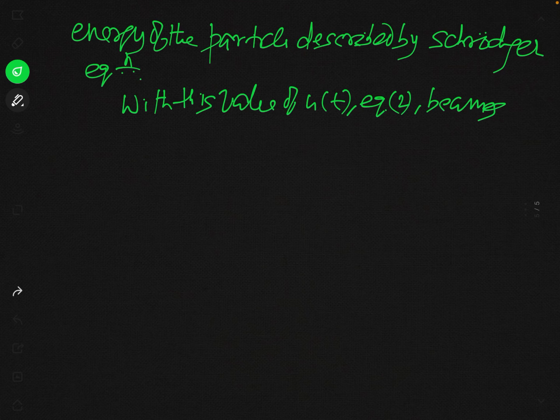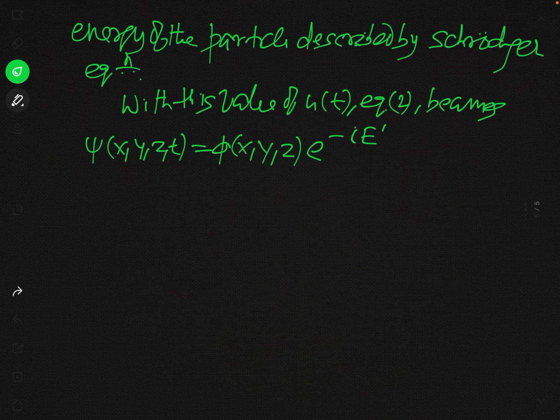You can see that psi of xyzt is equal to phi of xyz times e to the power minus iEt over h cross. Say this is equation 7.